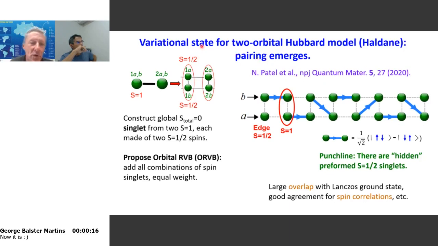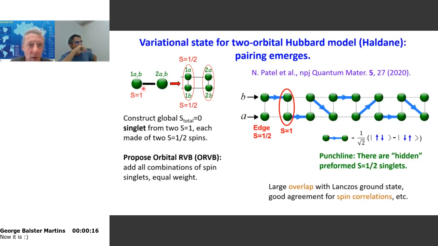The fact is that we managed to construct a variational state for the two-orbital Hubbard model. The two-orbital Hubbard model, if the hoppings of the two orbitals are similar or equal, the two orbitals at every site, because of the Hund coupling, they will form a spin 1.